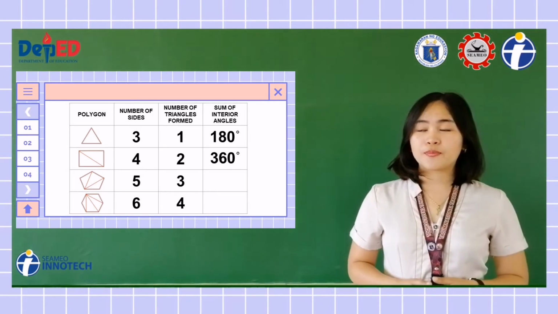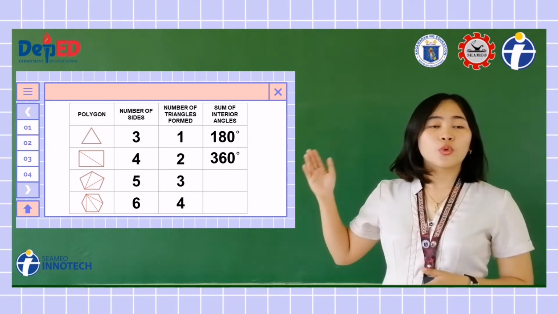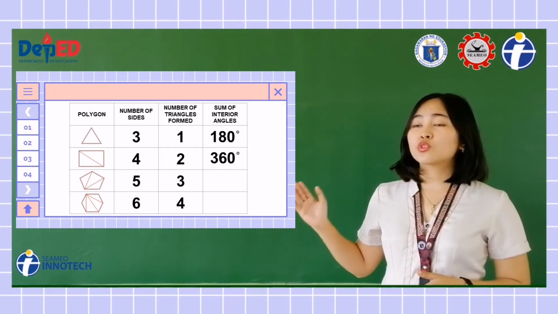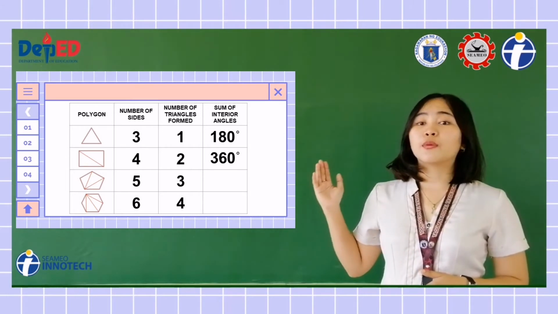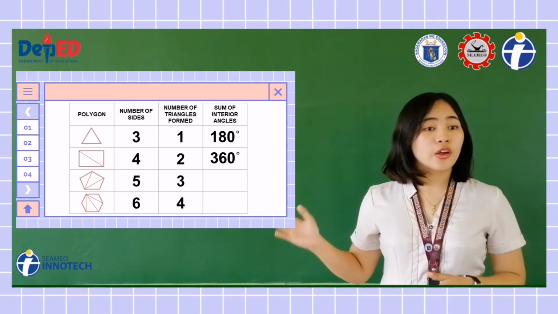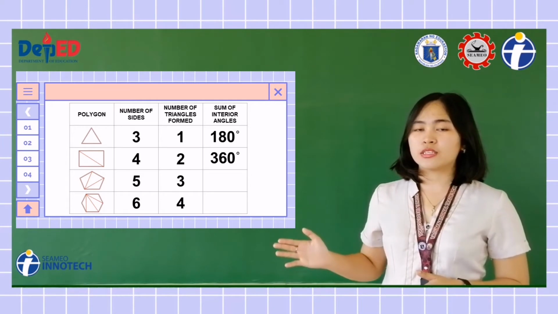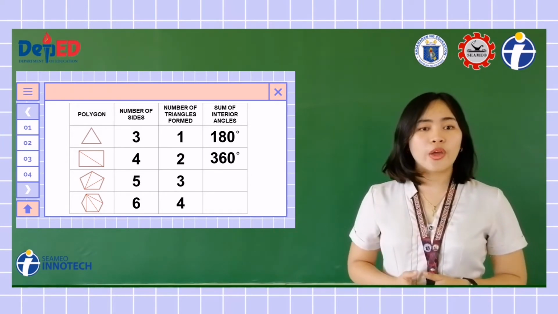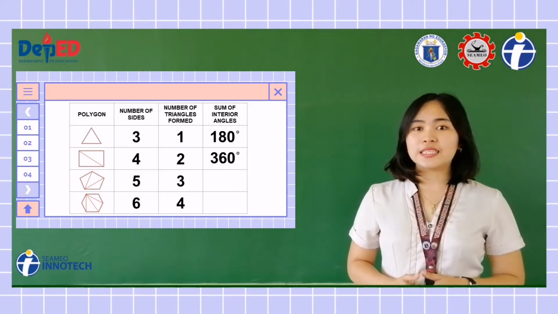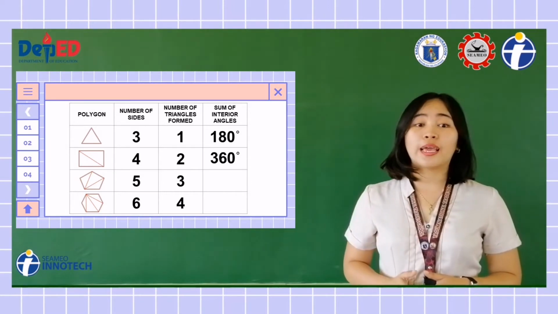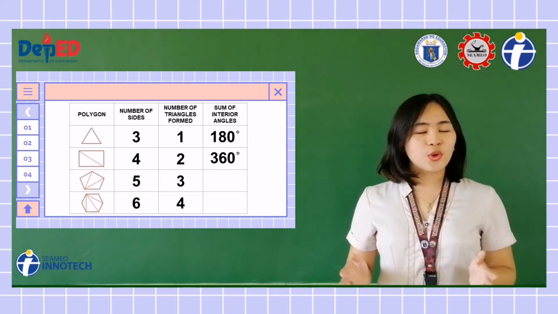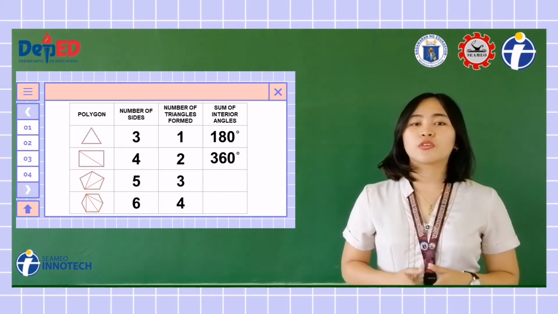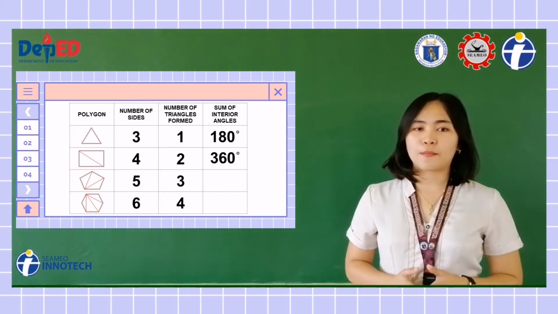Why? In what way? Because in a square, we form 2 triangles, right? And the measure of the interior angles of a triangle is 180 degrees. Since there are 2 triangles being formed in a square, 180 degrees plus 180 degrees is equal to 360 degrees. Very good. You already understood this topic.